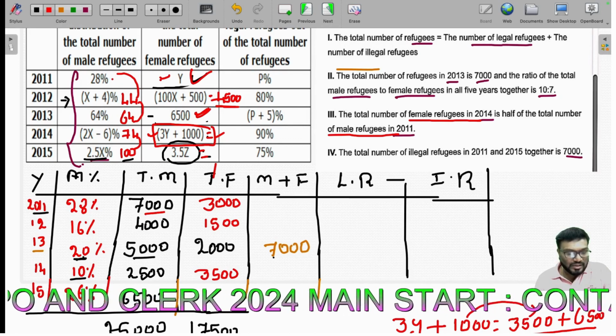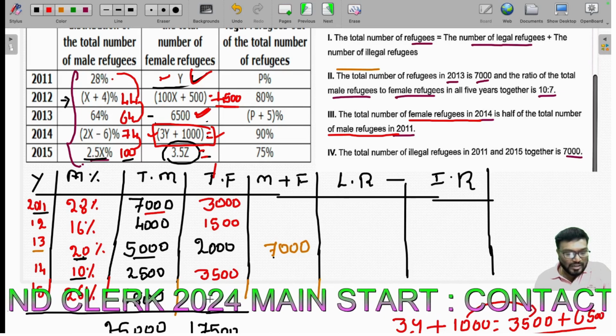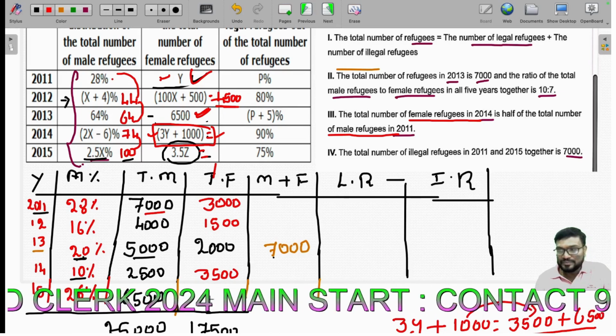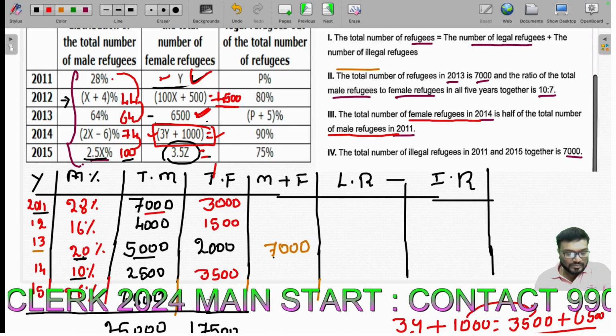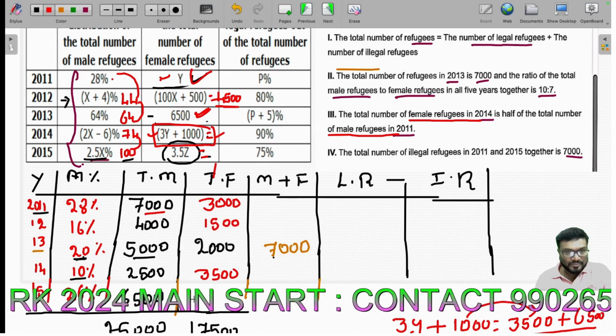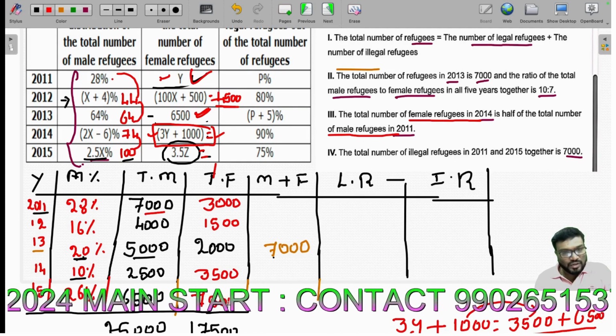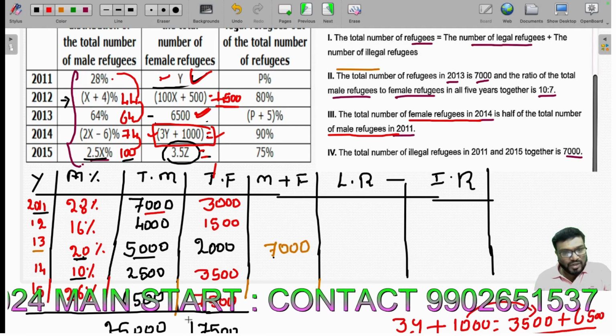Let's do that. Total females, how many members do we have? Total number of refugees in females, 7,500. Very good. How do we get 7,500? Because this is a total value 17,500.